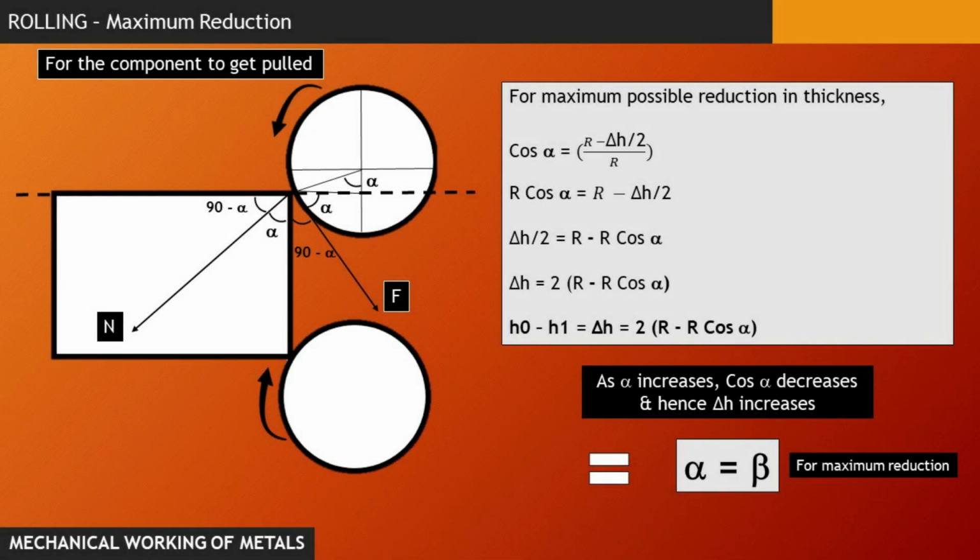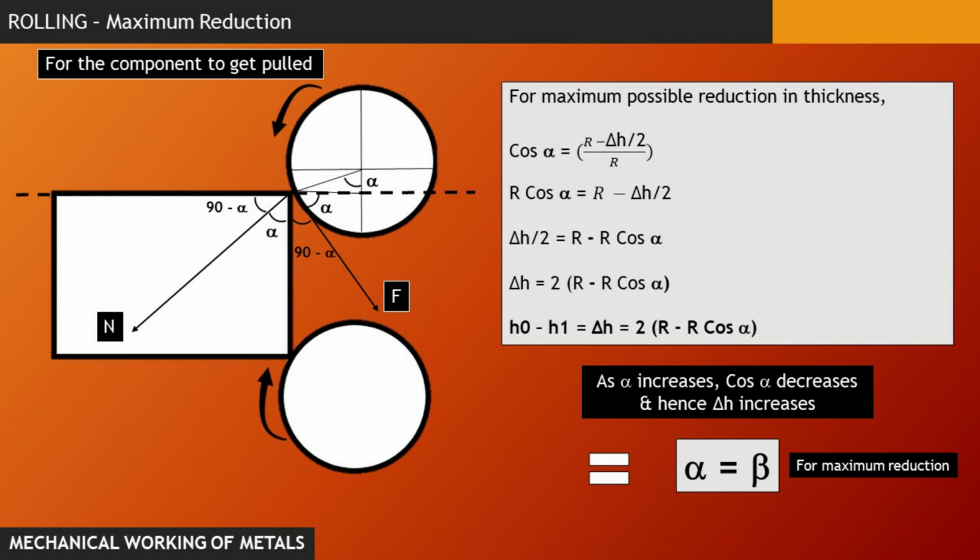Now for maximum possible reduction in thickness, cos alpha that we have already found out is equal to r minus del h by 2 by r. Solving it, finally we have del h is equal to twice of r minus r cos alpha.